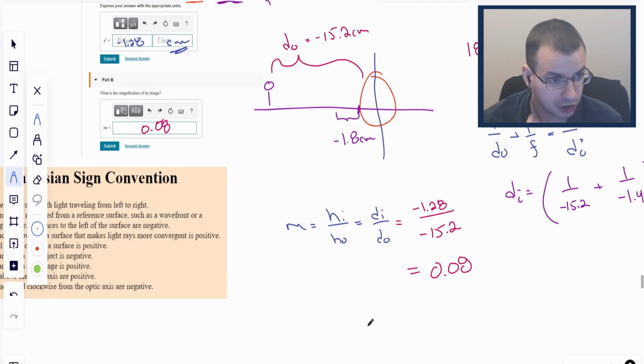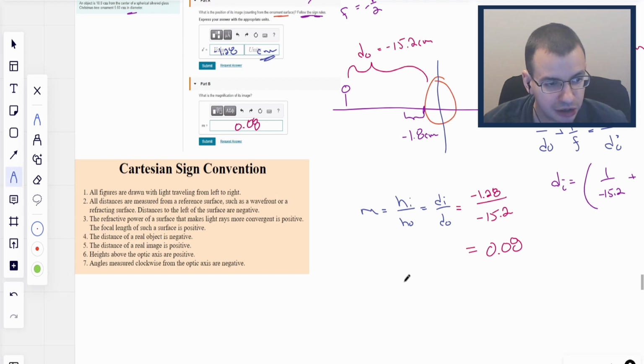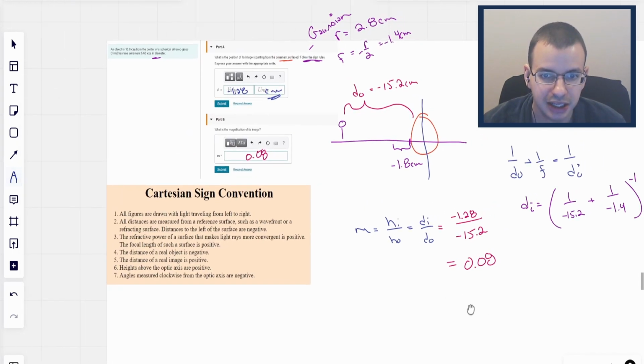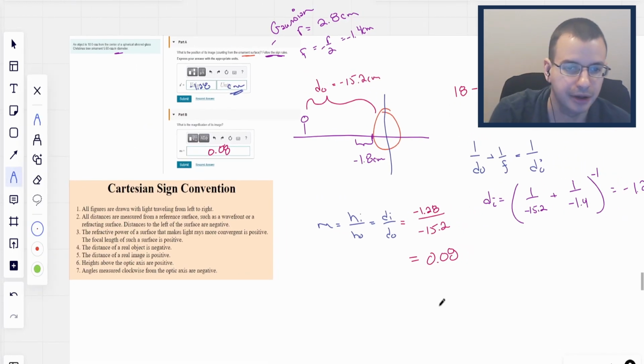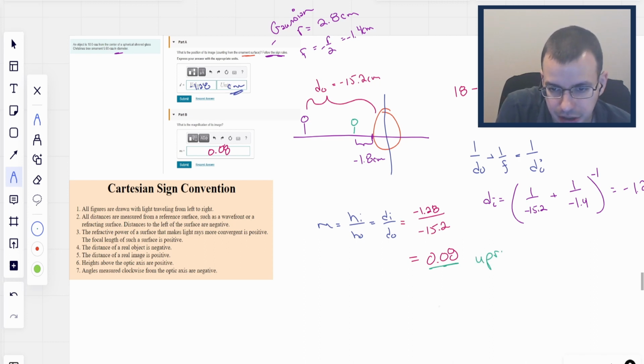Okay, so talking a little bit about what some of this means. The other questions that would be asked would be, is this object inverted or not, or real or virtual? So this object is upright because we have a positive magnification. Heights above the optic axis are positive.